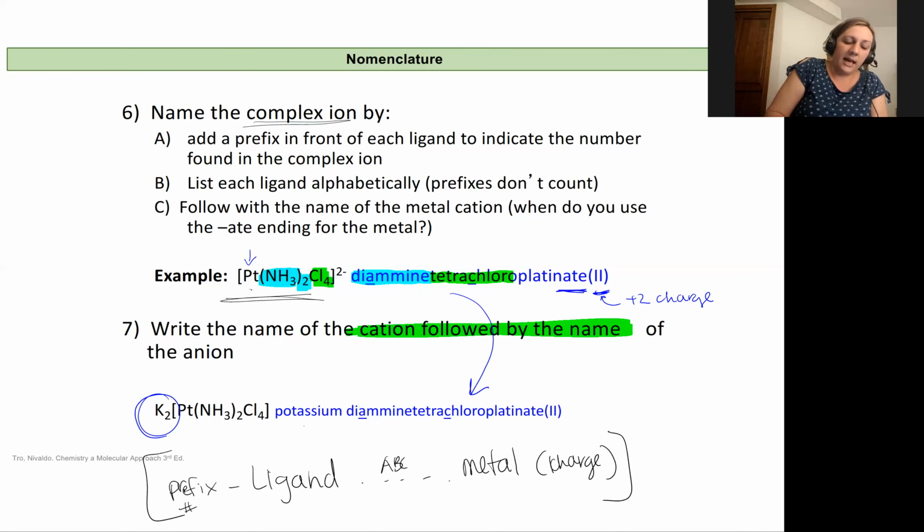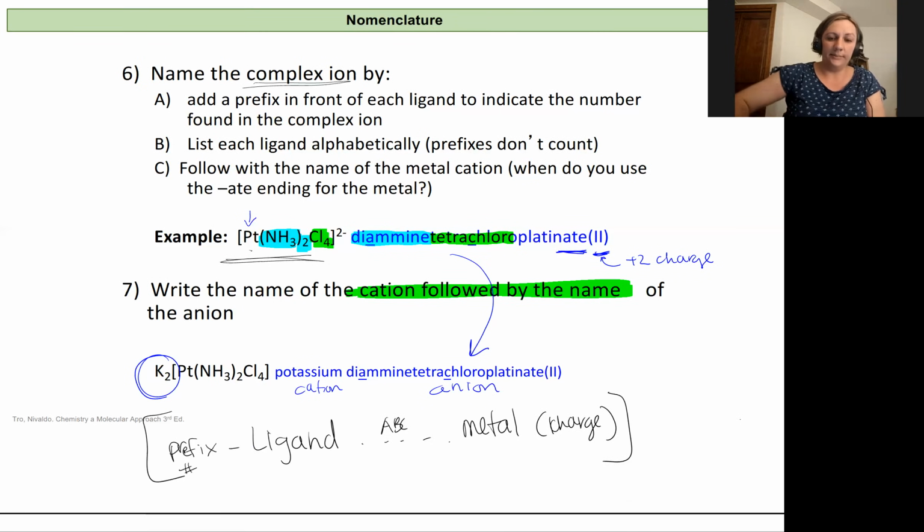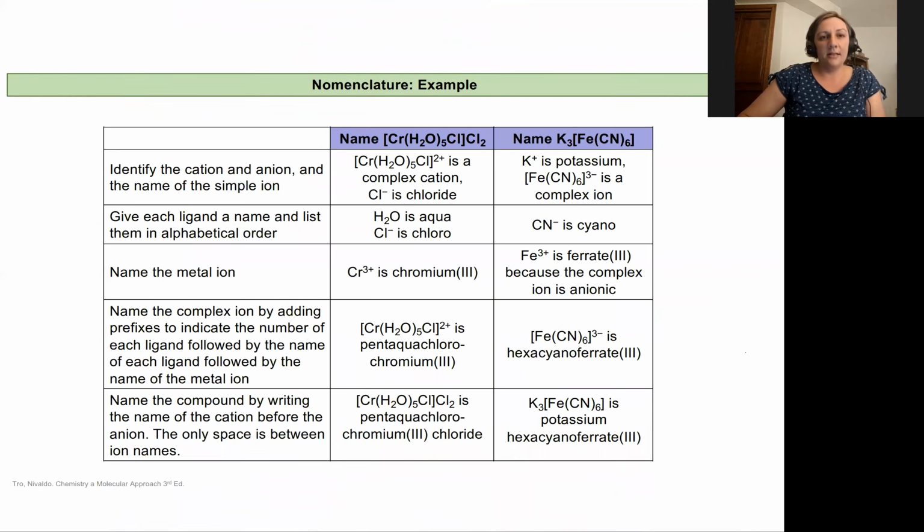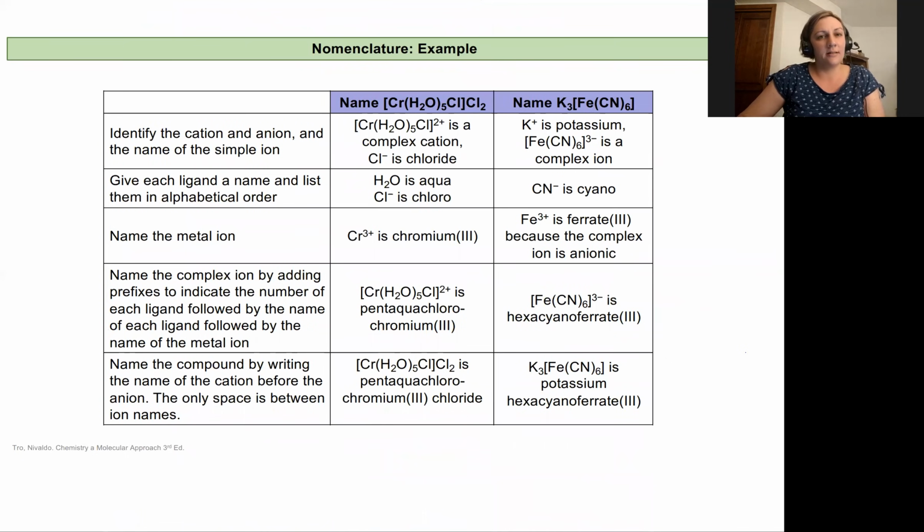So we've got our cation first, followed by our anion. And we get the ever so long name, potassium diamine tetrachloroplatinate 2. It's a mouthful. Inorganic chemists who study transition metals and coordination compounds tend to not write out full names. They tend to just write out chemical formulas instead for this reason.